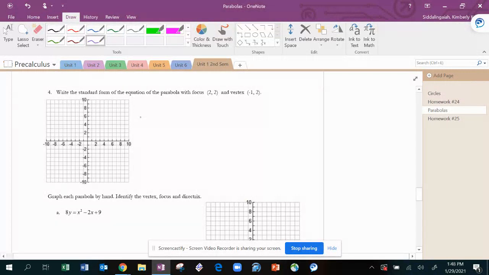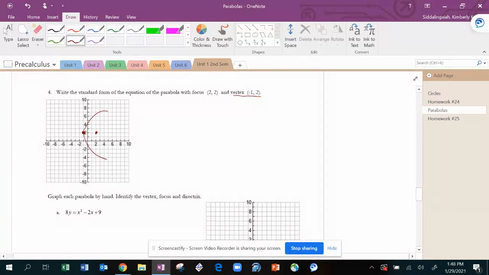So let's take a look and see what we have. I'm going to head to my graph first. I think it helps me just to visualize. So the vertex is -1, 2, and the focus is 2, 2. So it's looking something like that.